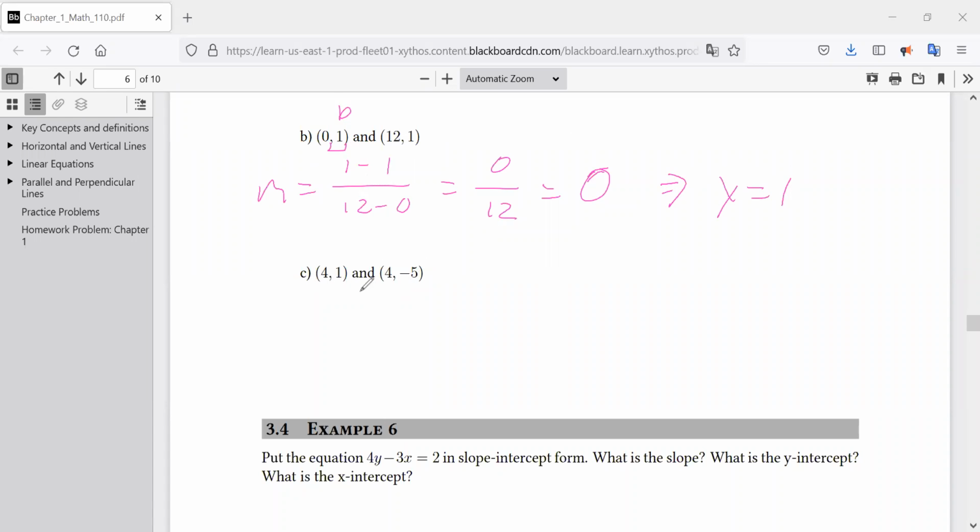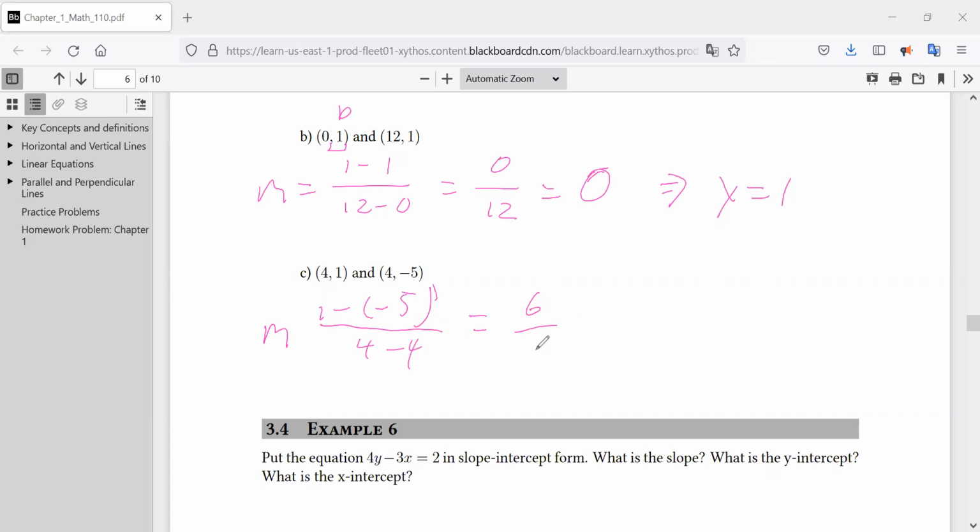But what's people's first instinct for this? To find the slope. Okay, if we find the slope, then we do, let's say, 1 minus -5 divided by 4 minus 4.